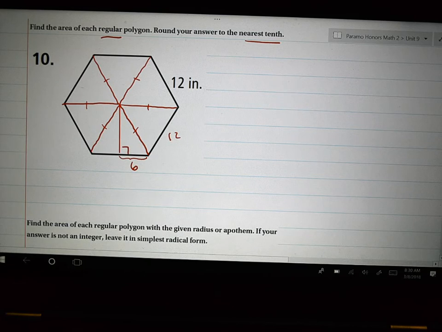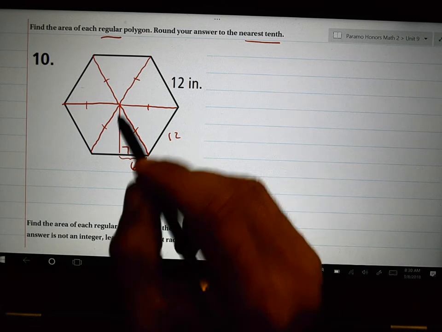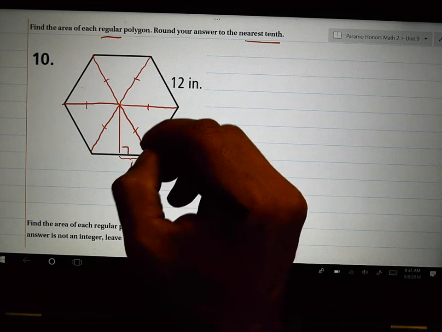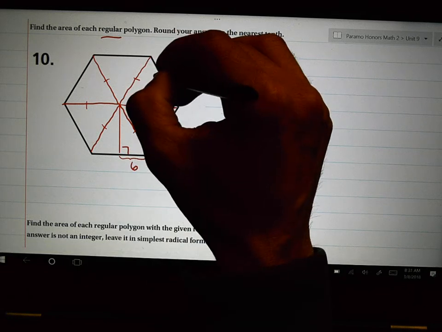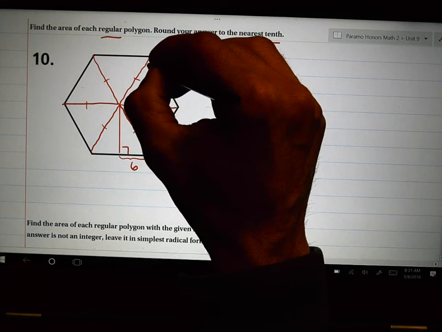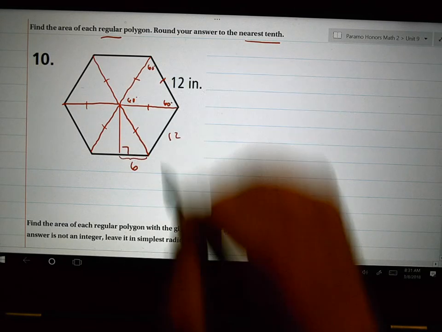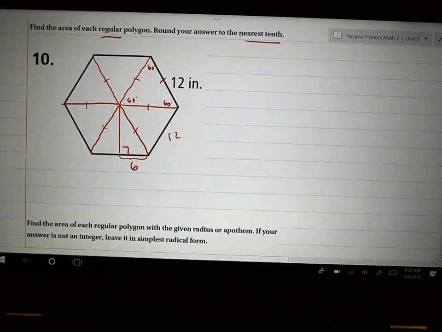Hexagons are made up of not just isosceles triangles, but hexagons are actually made up of equilateral triangles. And so what that means is that this angle here in an equilateral triangle is 60 degrees, this is 60 degrees, and this is 60 degrees. I'm just going to draw that right there so you can see.